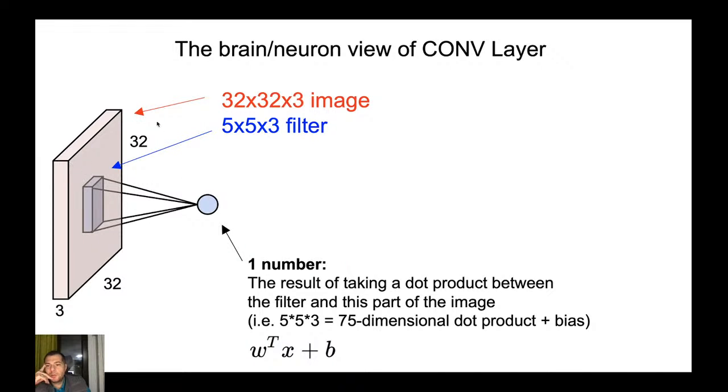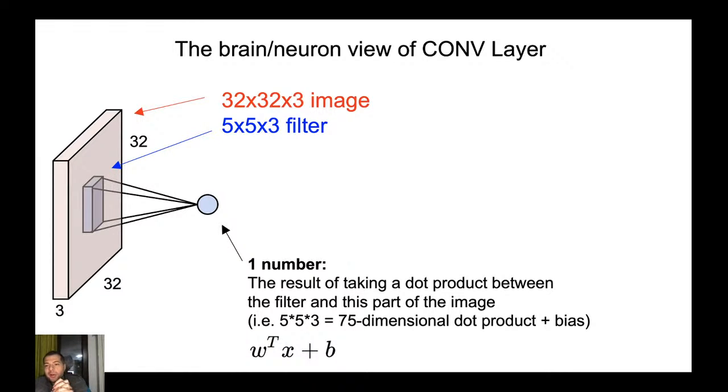And in a fully connected network, every number here will be connected to each neuron. So the number of parameters and the number of weights will be much higher if we consider all the possible connections. And here for the convolutional layer, we have only local connections.